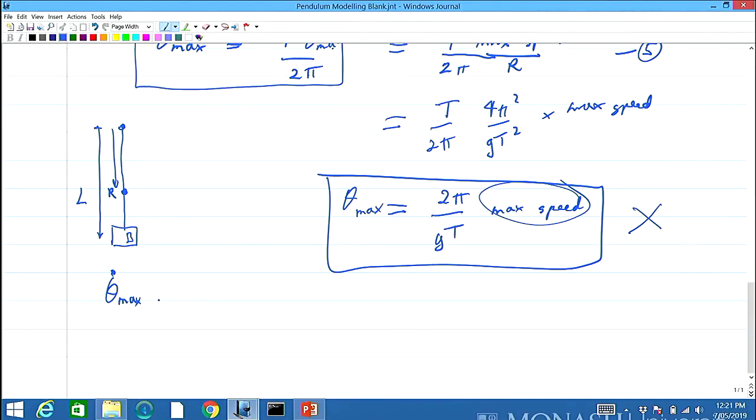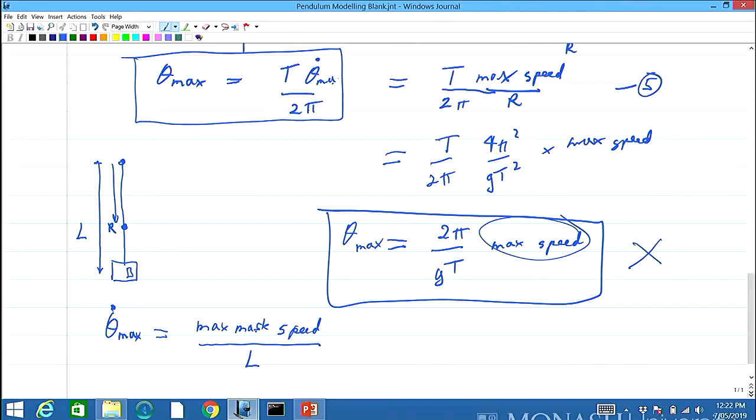So therefore, theta dot max will be equal to the maximum mask speed, I'll say, just to differentiate that, divided by L. And you can measure L physically, just get out your tape measure. There it is. And now we can substitute that in.